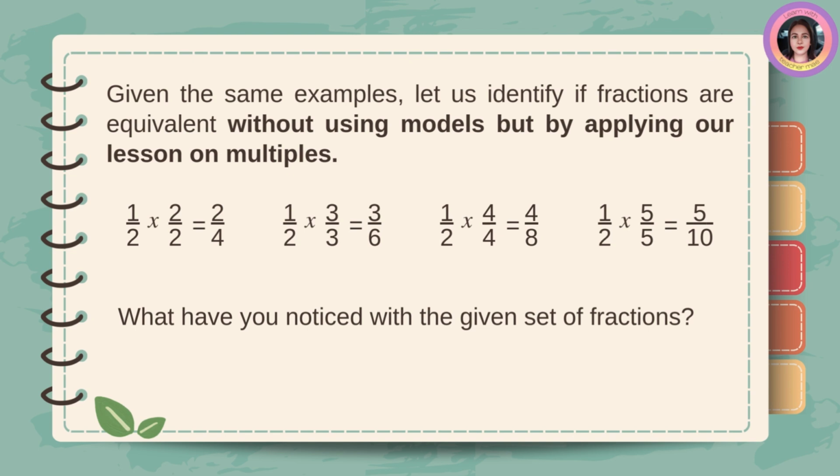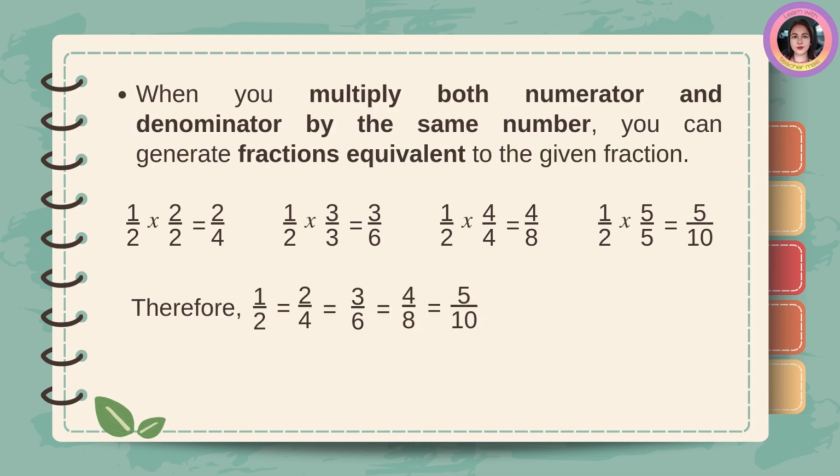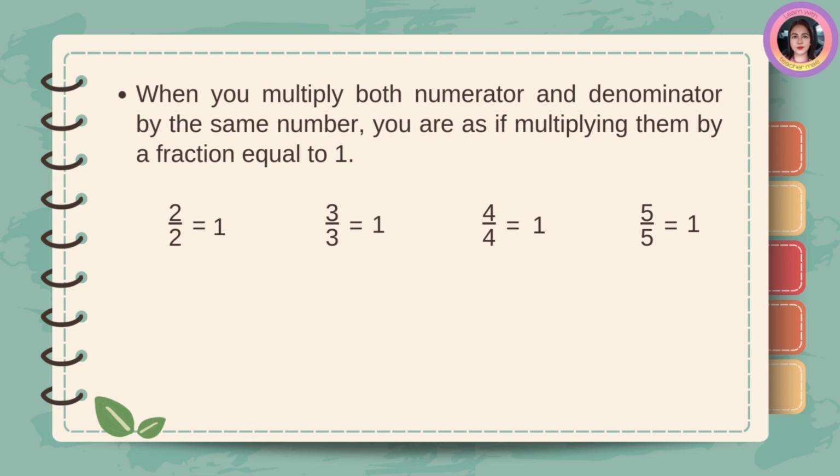What have you noticed with a given set of fractions? When you multiply both numerator and denominator by the same number, you can generate fractions equivalent to the given fraction. When you multiply both numerator and denominator by the same number, you are as if multiplying them by a fraction equal to 1.